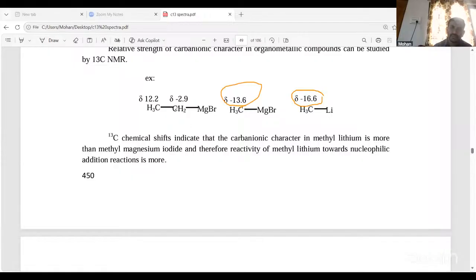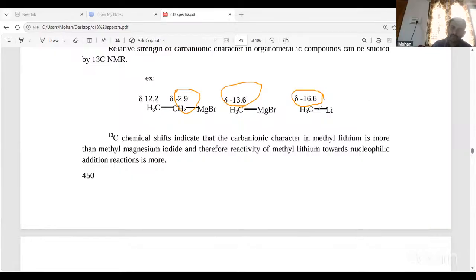And here this particular ethyl magnesium bromide, its value is minus 2.9. Okay, so whose negative delta value is more, that will be the more reactive, less stable.